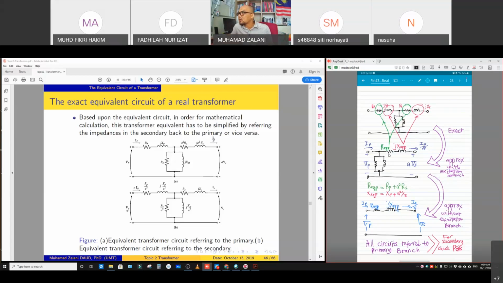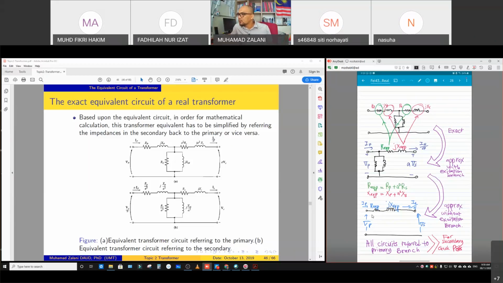Then, as you can see, all of the series components have been added together, so we get a more simplified equivalent circuit, as you can see here. But still, this equivalent circuit considers the parallel branch. So at the bottom one, we want to eliminate the parallel branch in the calculation.